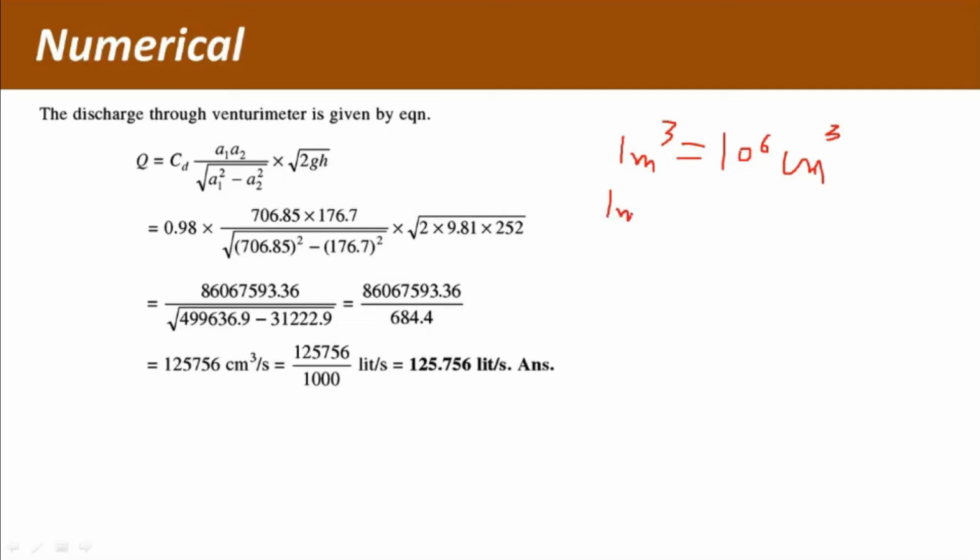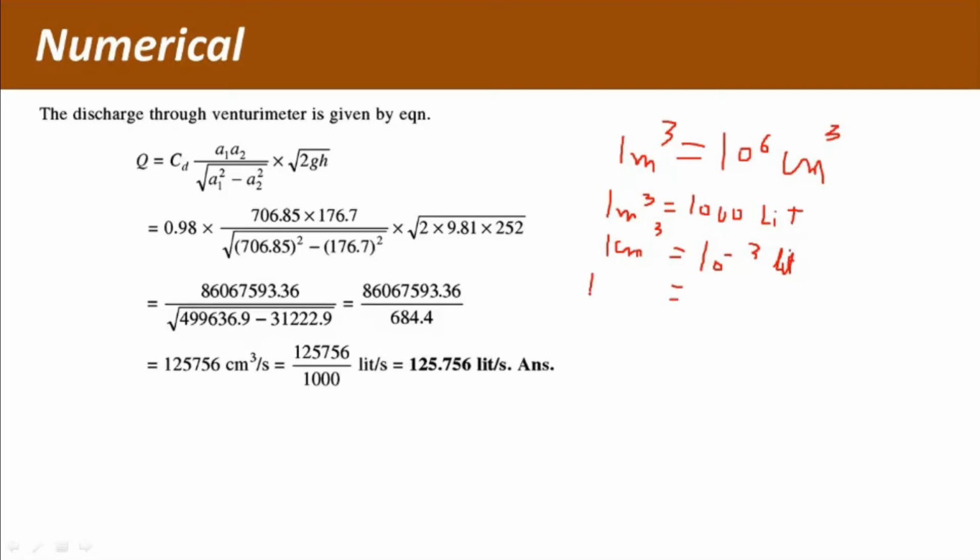Then 1 meter cube is equal to 1000 liters, या फिर 1 liter is 10⁻³ मीटर क्यूब. Then 1 centimeter cube is equal to 10⁻³ liters, या फिर आप 1 ml बोल सकते हो.